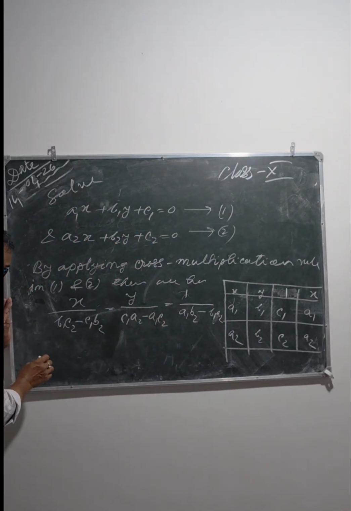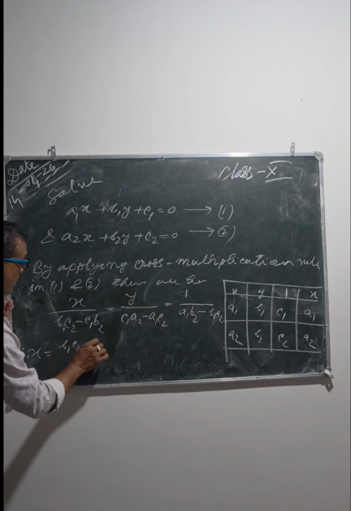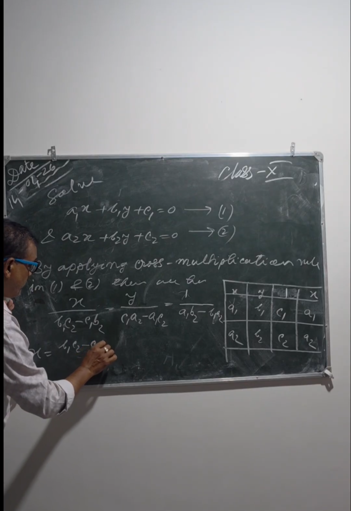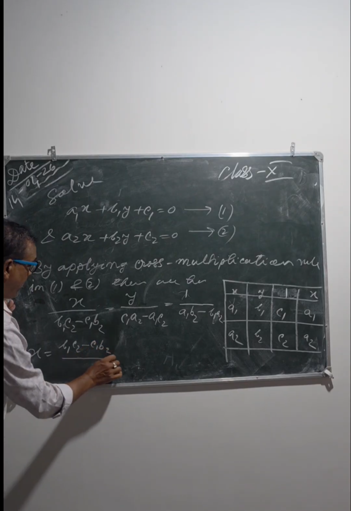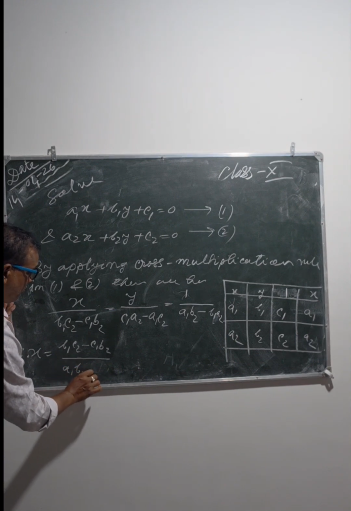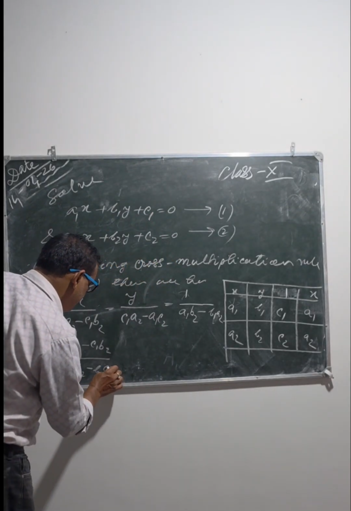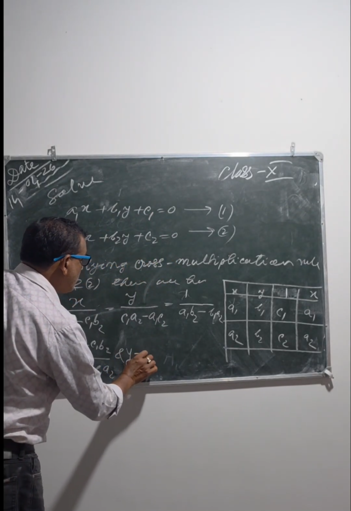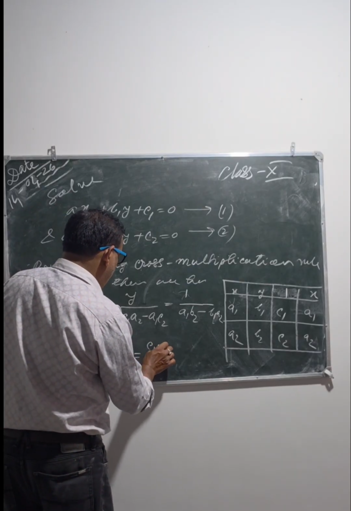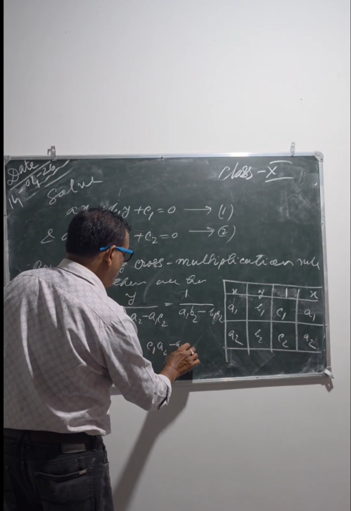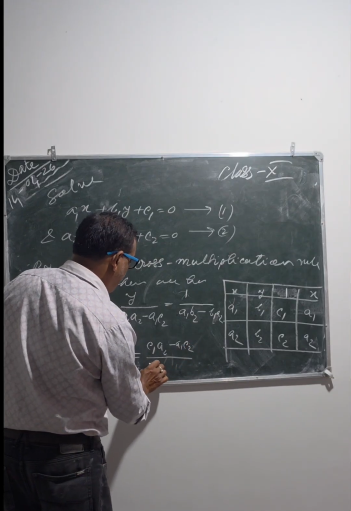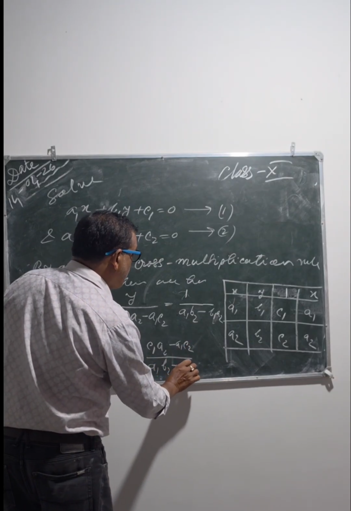Then comparing first and last, we can find the value of x. Therefore, the value of x will be b1 c2 minus c1 b2 divided by a1 b2 minus b1 a2, and y equal to c1 a2 minus a1 c2 divided by a1 b2 minus b1 a2.